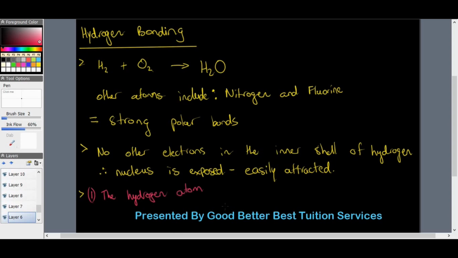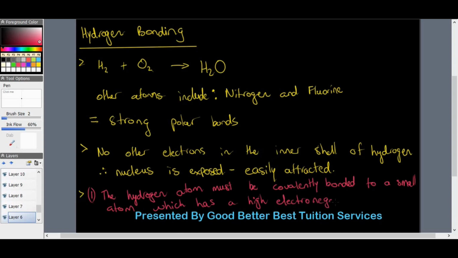We'll write it a little bit further up here. Okay, the hydrogen must be covalently bonded to a small atom which has a high electronegativity, which is what I said earlier at the beginning of hydrogen bonding, that hydrogen bonds to small atoms of high electronegativity, such as your oxygen, which we see here, hydrogen here, and fluorine here.